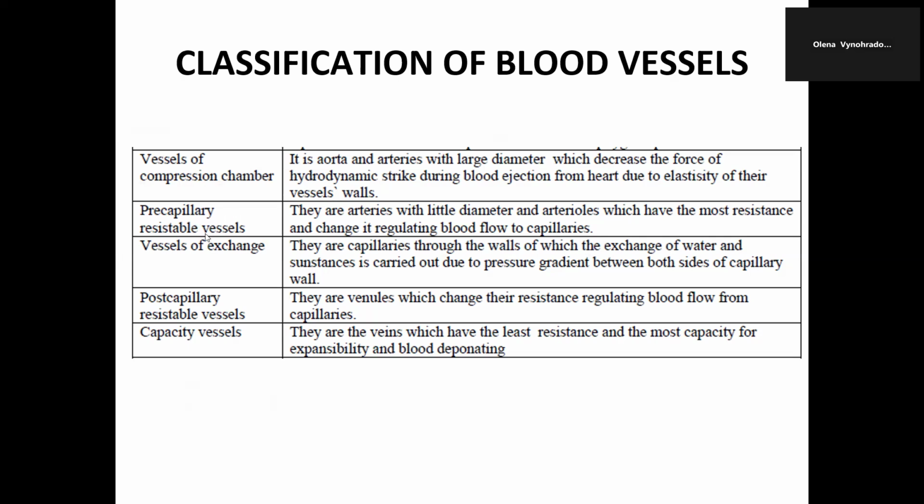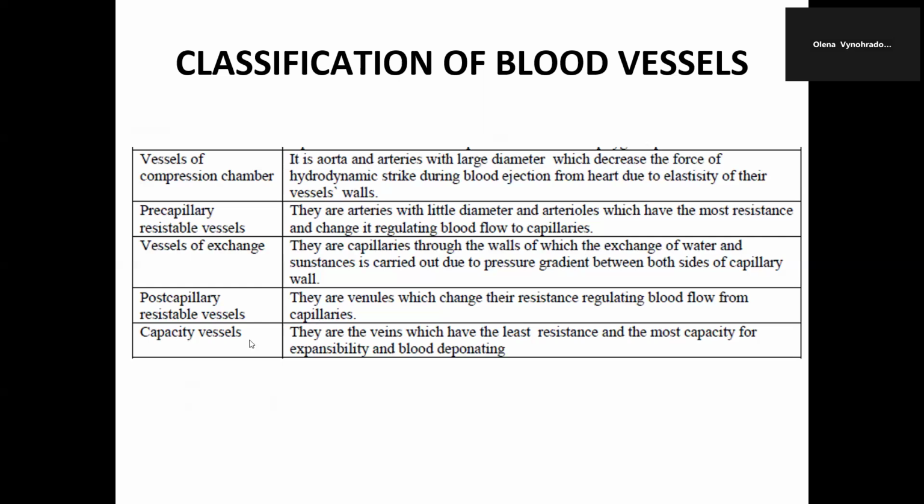Precapillary resistive vessels, these are arteries of small diameter and arterioles. They create the highest resistance in our blood circulation. Vessels of exchange, these are capillaries. Post-capillary resistive vessels, these are venules, they can also regulate resistance of blood flow.